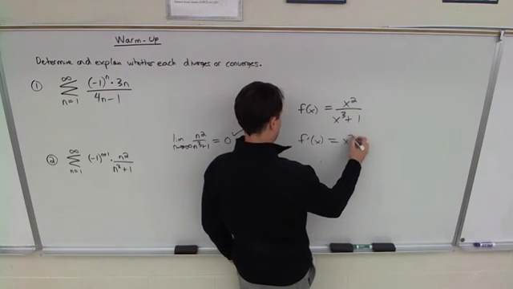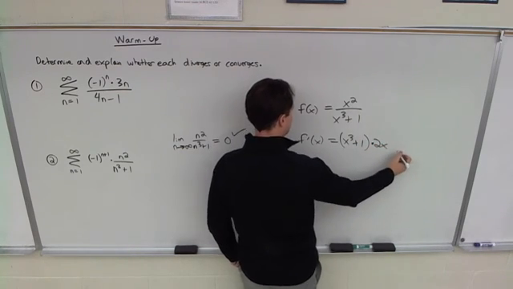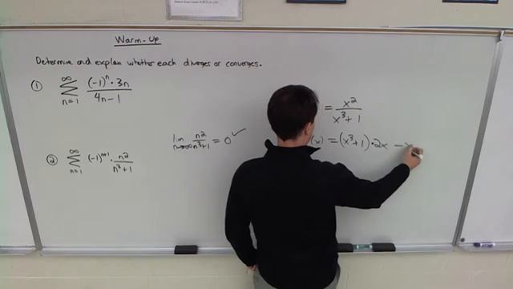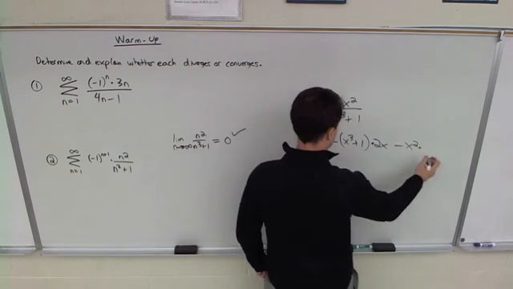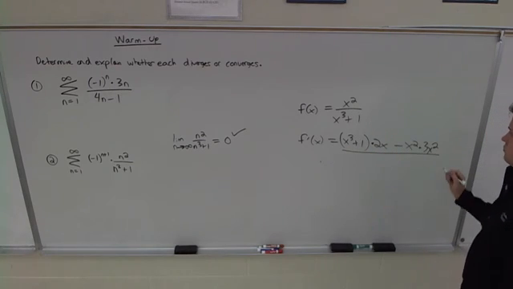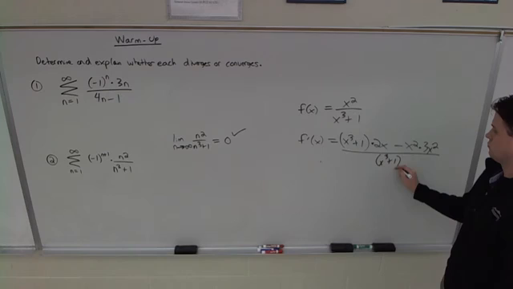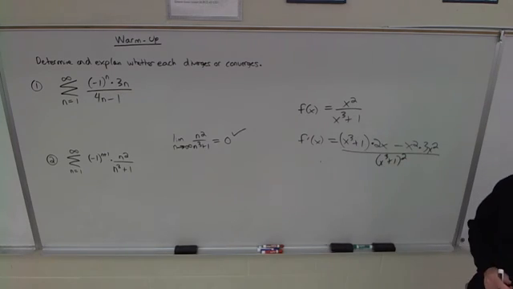So x cubed plus 1 times 2x minus x squared times 2x squared all over x to the 3rd squared. Very good. You guys remember?